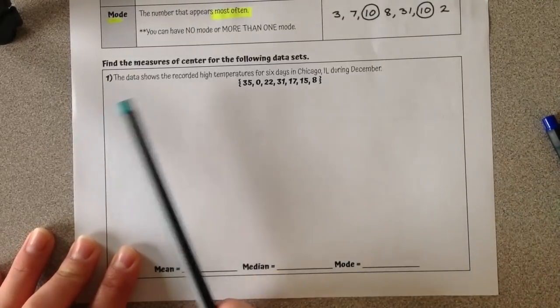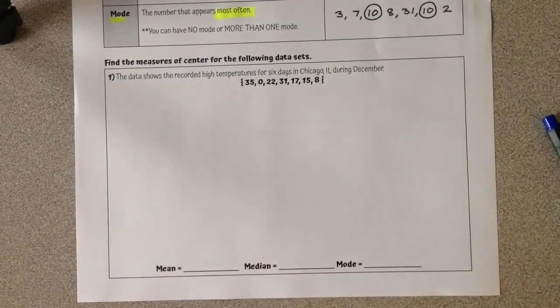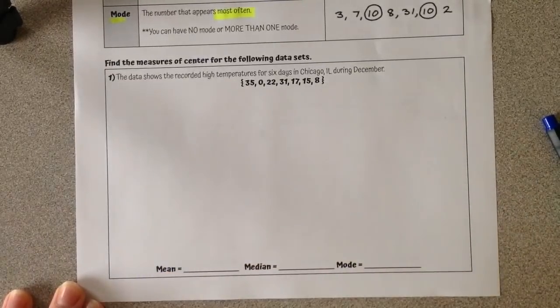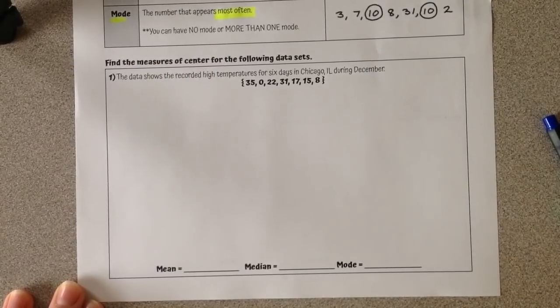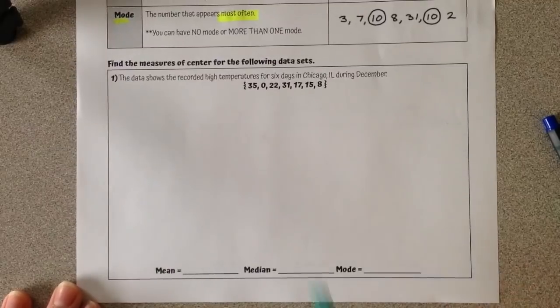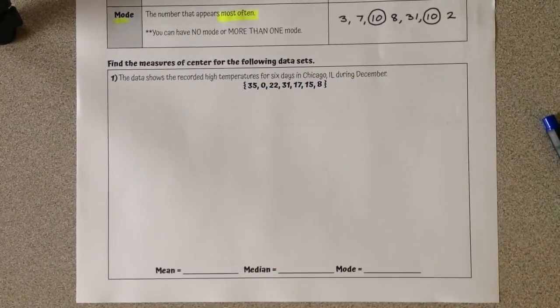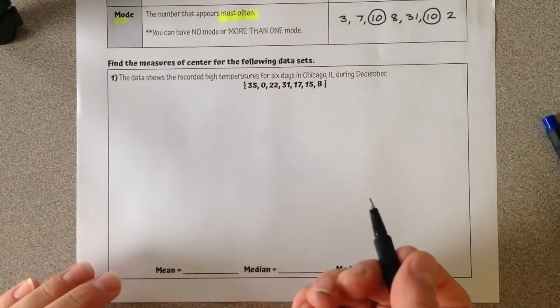For each set of data that we're going to show you, you're going to have to find the mean, median, and mode. So number 1 says, the data shows the recorded high temperatures for 6 days in Chicago during December. So we have 1, 2, 3, 4, 5, 6, 7 pieces of data. So I am going to just start with the mean. For the mean, I'm going to add up all of my values.